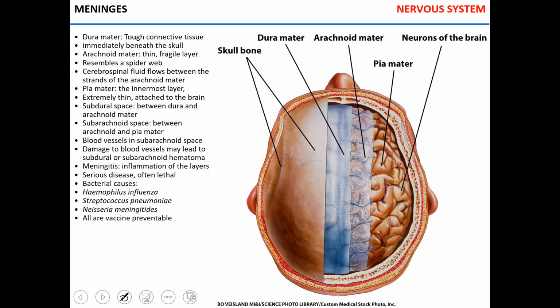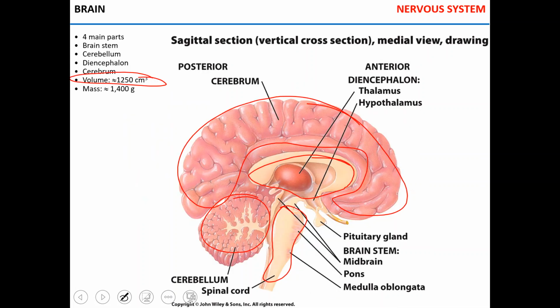Brain is protected by the fluid, so-called cerebrospinal fluid, that is produced in the brain ventricles. Here you can see one ventricle, another ventricle. So that's a ventricle here, ventricles here.